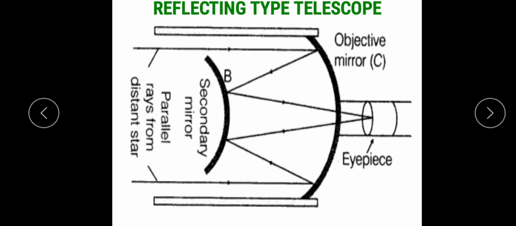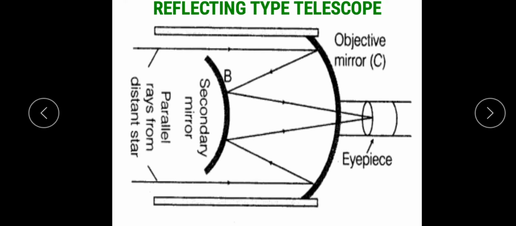In these reflecting telescopes, there is no chromatic aberration. What is chromatic aberration? Whenever a parallel beam of light enters a lens, all the rays should merge at a point. But because of refraction, the colored light is not able to focus on a particular point, and a slight aberration takes place.